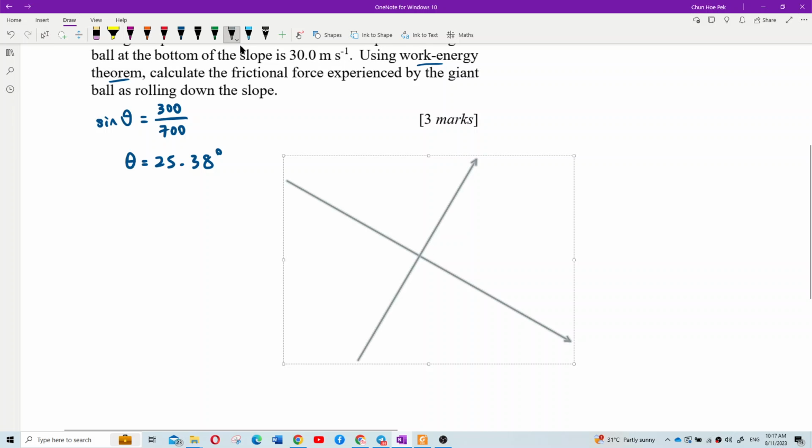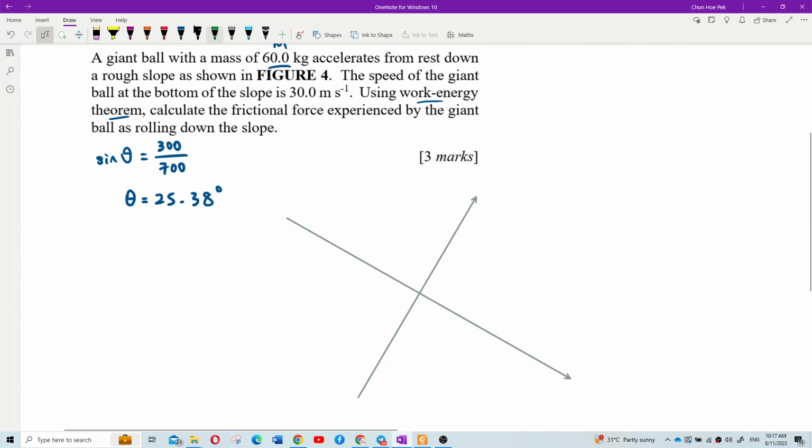Axis just a gray one. So you have just a point mass, free body diagram. You have the mg, this one theta, and the friction, the frictional force.